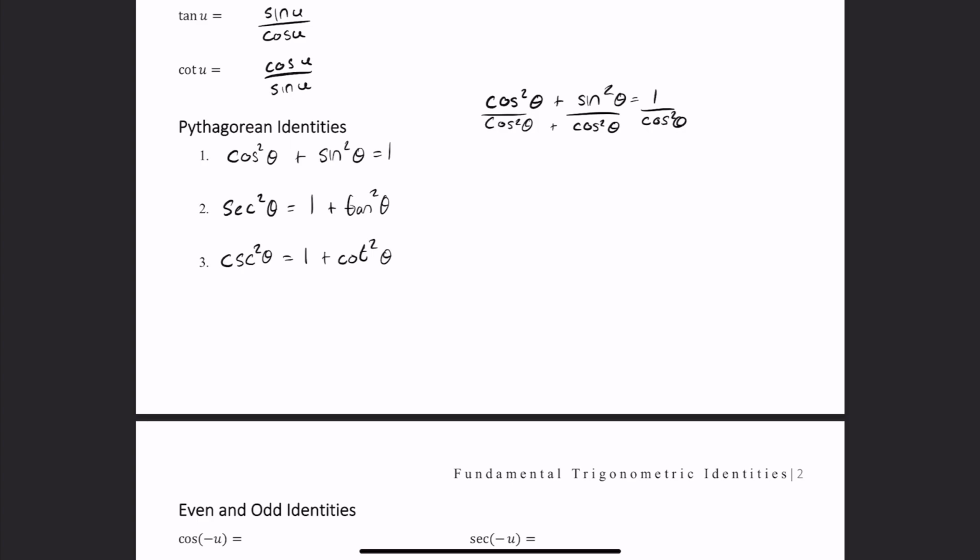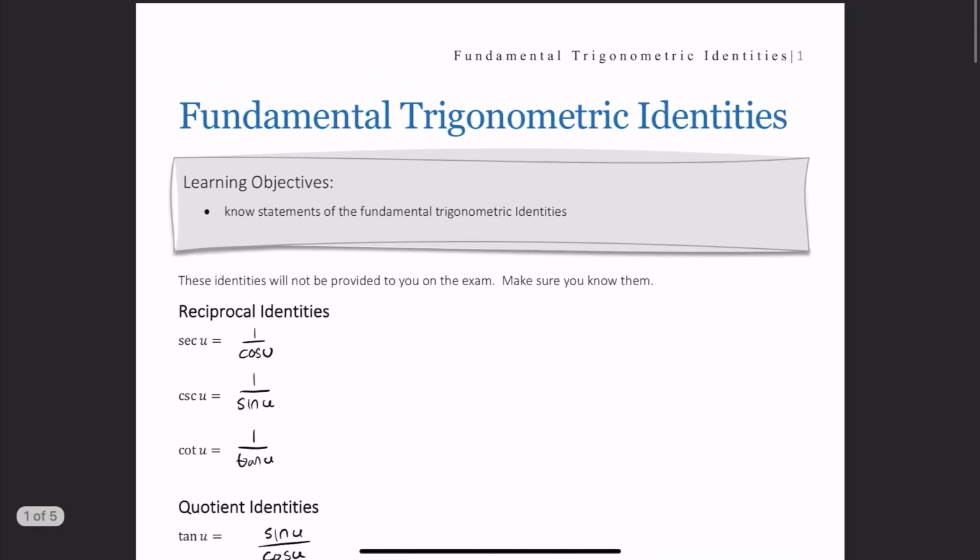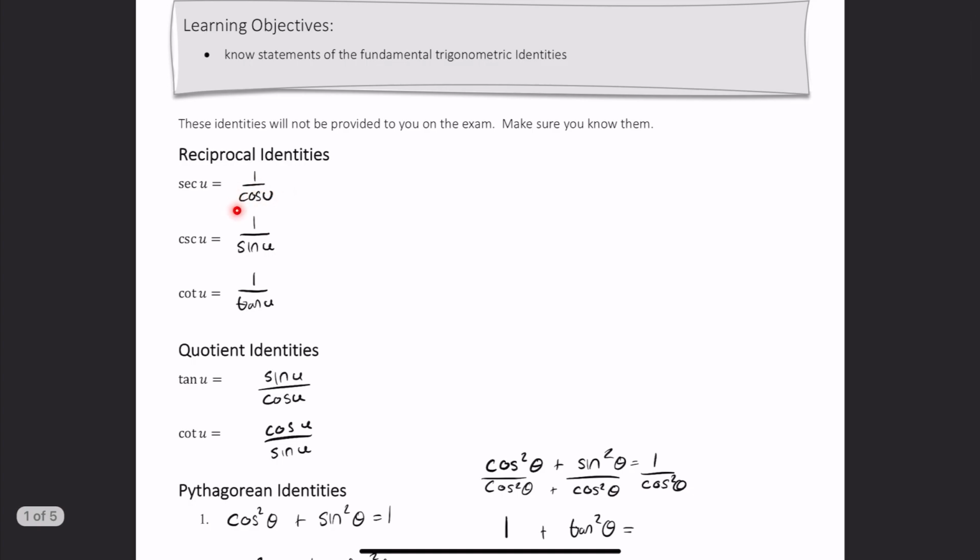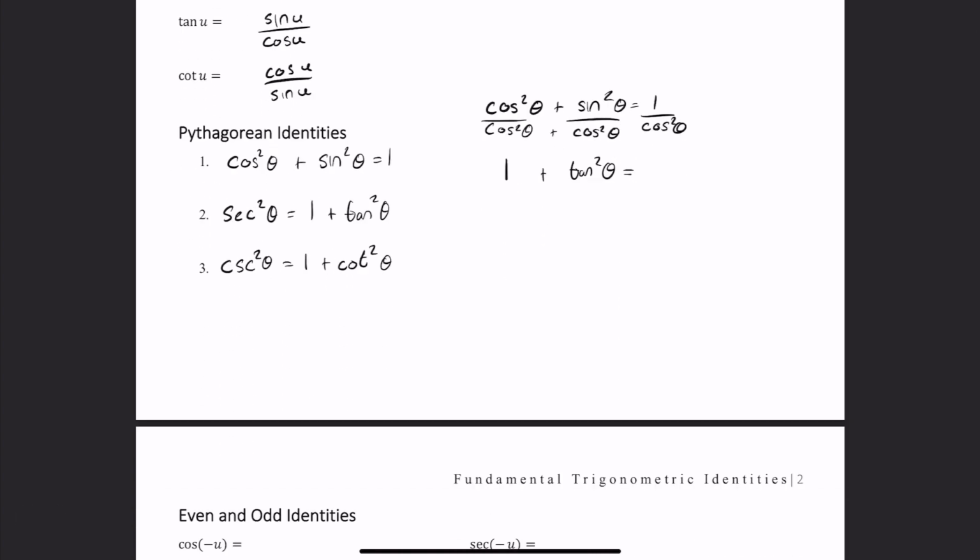This first term will turn into 1. This second term is sine over cosine, which is tangent, so this would be tangent squared theta. Then this will equal the reciprocal of cosine, which we already saw. The reciprocal of cosine is secant, so we can write this as secant squared theta. As you can see, we have derived this one right here.